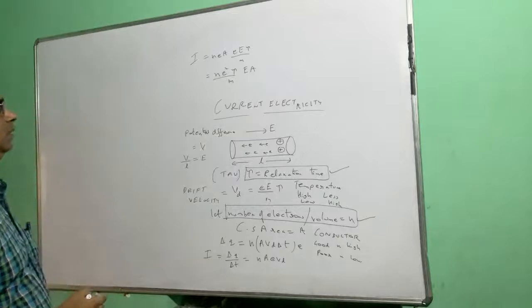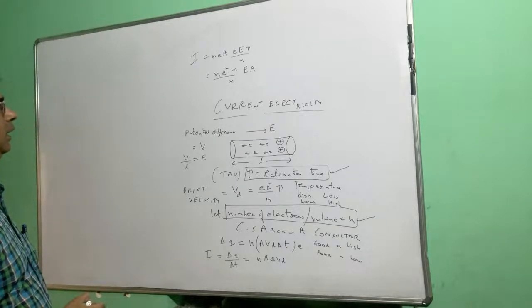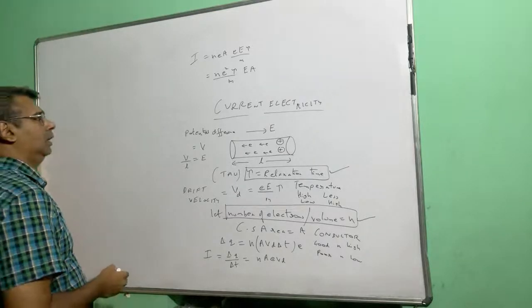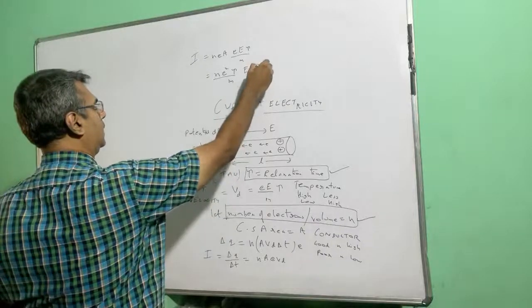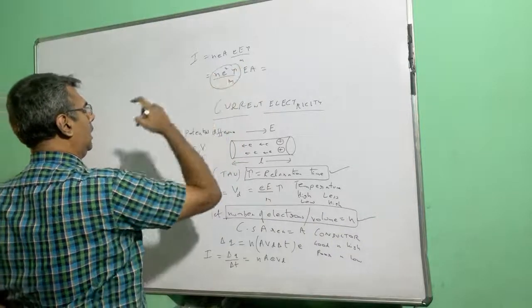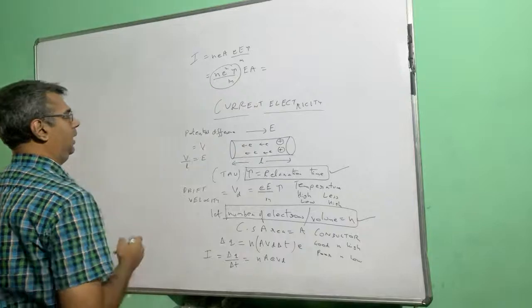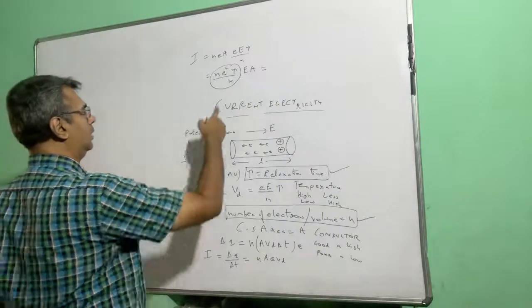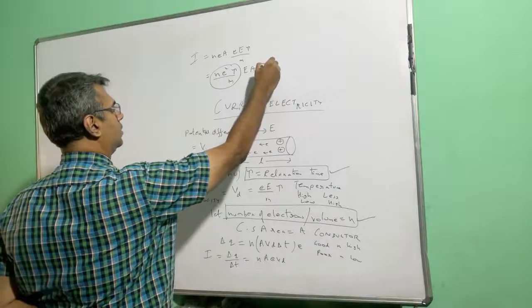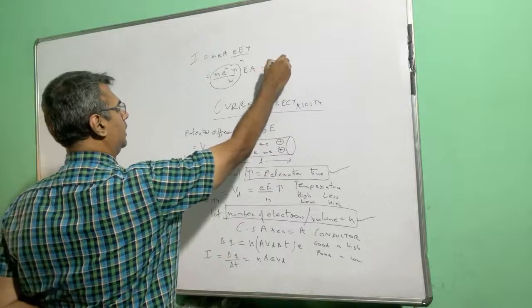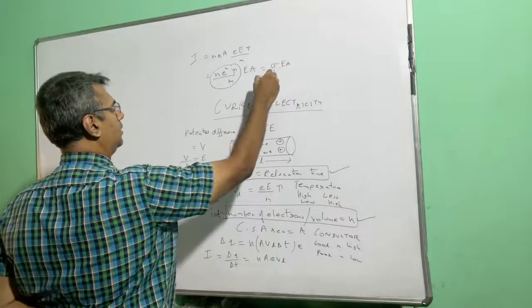So this is the equation: N e square tau by mass into field into area. Now this N e square tau by mass, this is called conductivity. Okay, this is called conductivity.